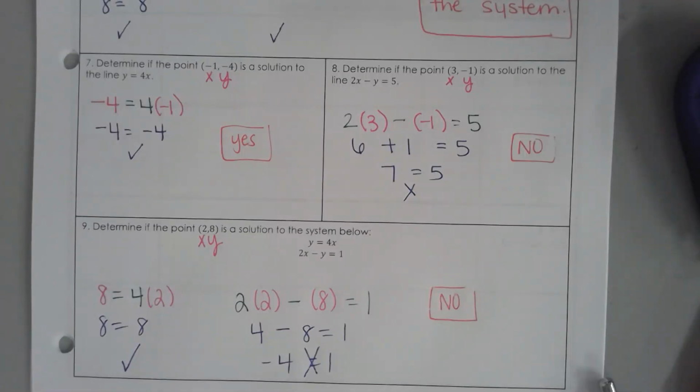And notice it's minus, and then you also have the negative 1. So if you were to do this math, you got 6, that's plus 1. Now, if you have your calculator, you can just type this in, and it would give you 7 equals 5, which is not true. That means at that point, if I were to graph the line, 3, negative 1 is not on that line.